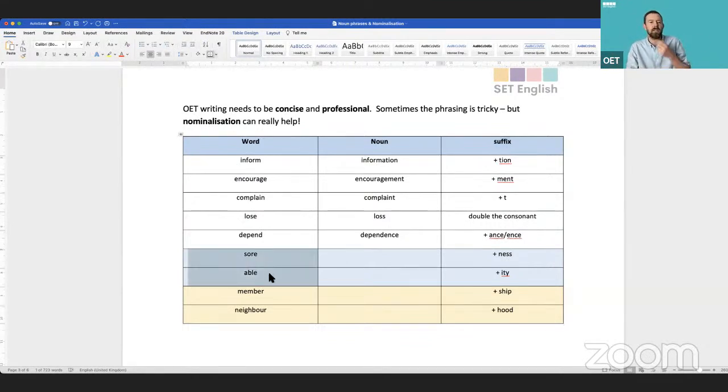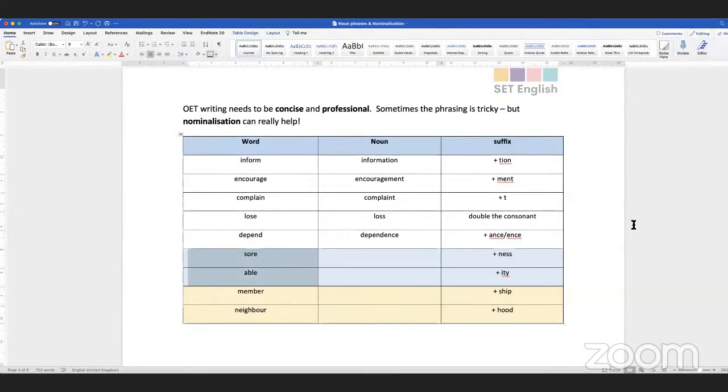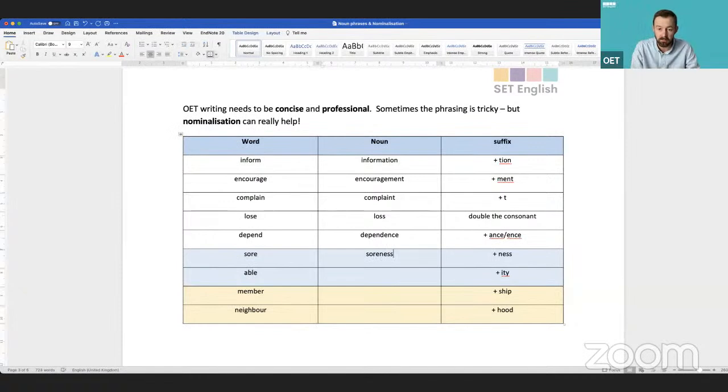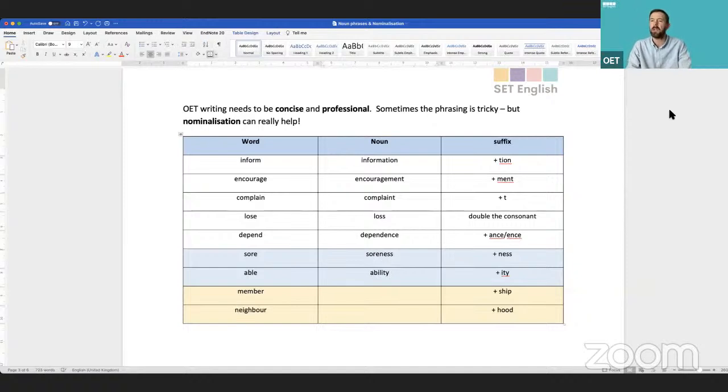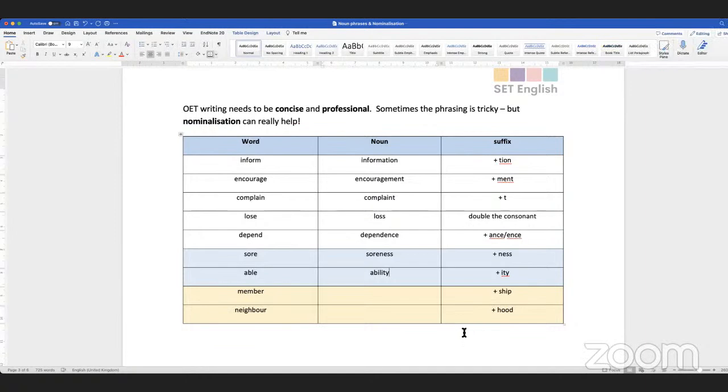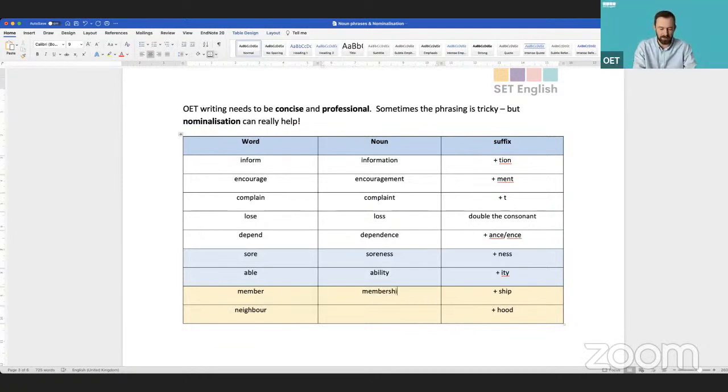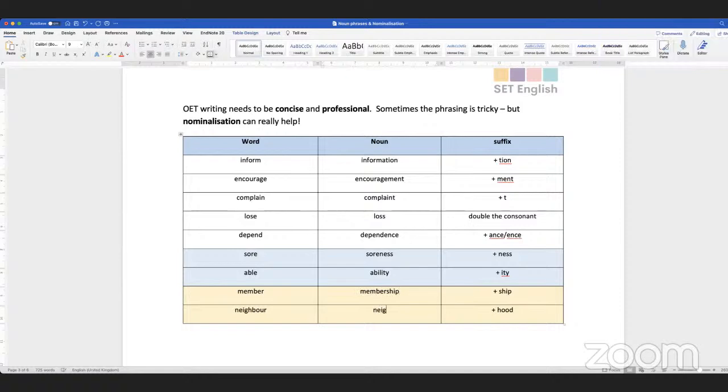What type of words are these? Sore and able. They're adjectives, aren't they? So we've got soreness. And we've got ability. Next one. Member. Very easy, aren't they? Membership, and then neighborhood.